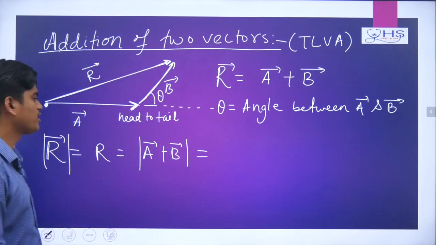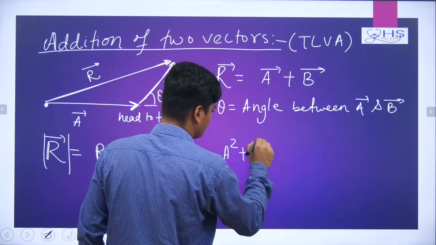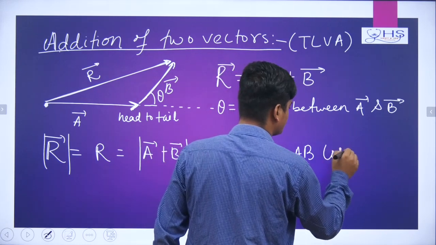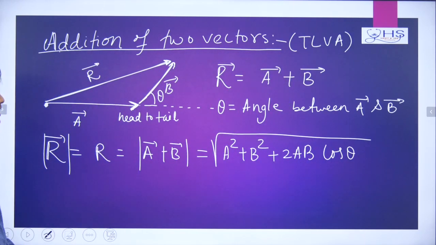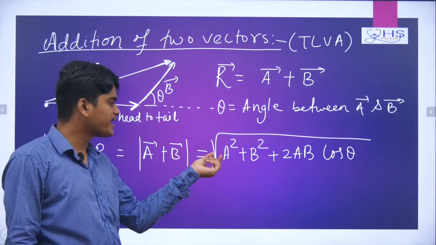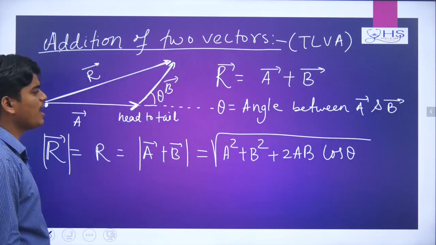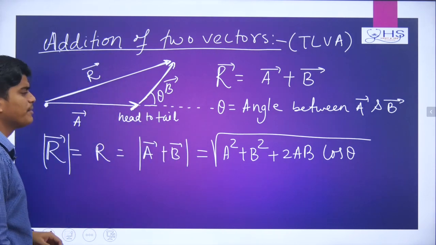R vector mod is nothing but the square root of A square plus B square plus 2AB cos theta. So remember this. R vector mod, or A plus B vector magnitude, is the square root of A square plus B square plus 2AB cos theta, and theta is nothing but the angle between A vector and B vector. So this you need to remember here.